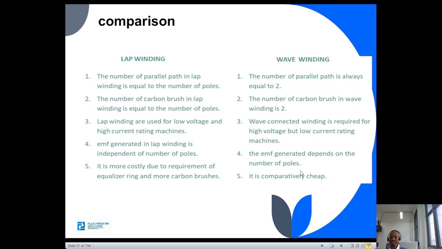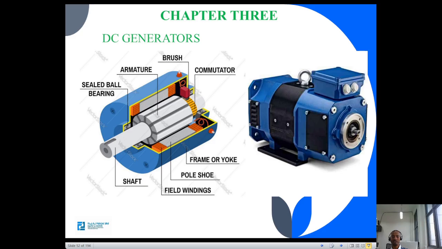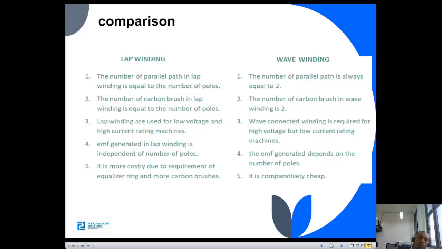But in this case, it is comparatively cheap because it uses only 2 brushes. So comparatively, this is cheaper, we can say. That is a comparison. Next, we'll discuss the motors, or DC motor.